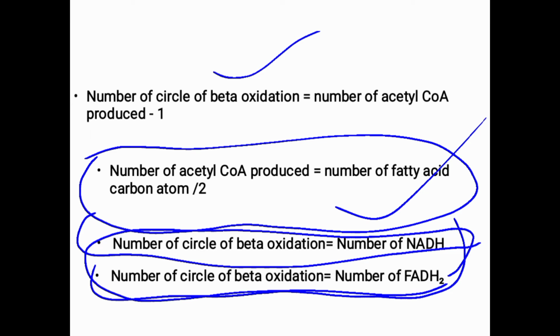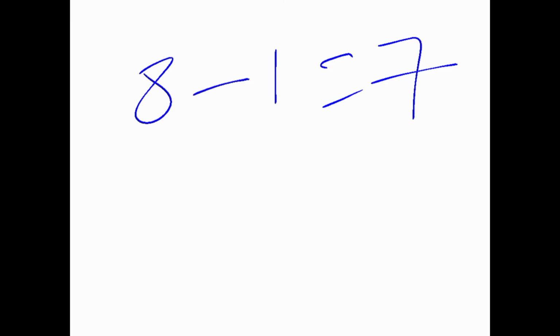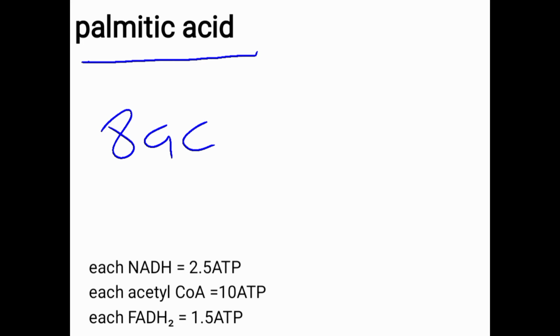So for us to get the number of cycles of beta oxidation, we subtract 1 from the number of acetyl CoA produced. The number of acetyl CoA produced was 8, so if we subtract 1 from it, we get 7. So the number of cycles is 7. Now we'll go back and separate the number of cycles from these others.